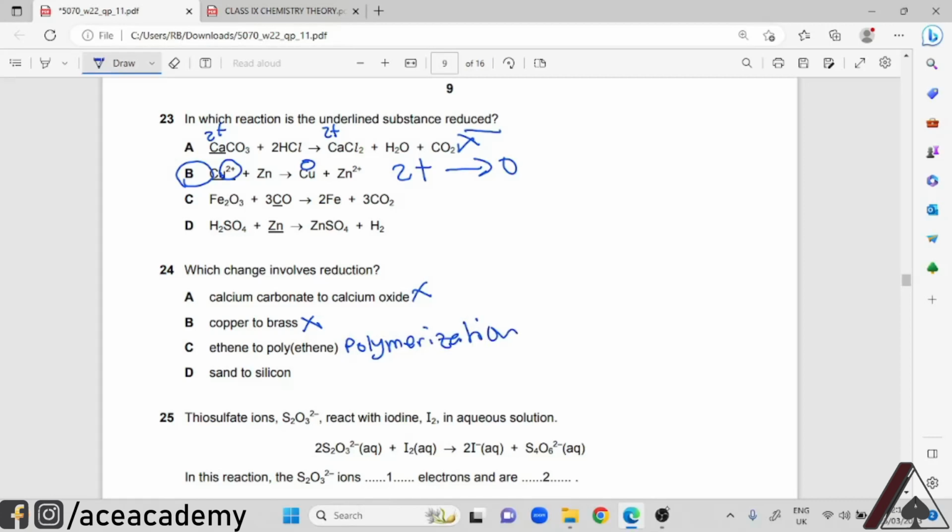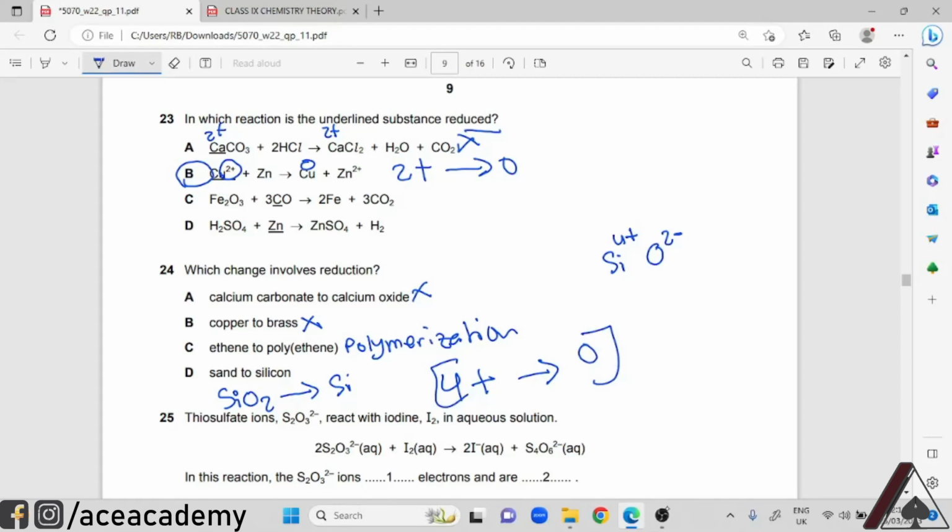As a result, this leaves us with option D, and we know that option D is a redox reaction where sand is reduced, because in here silicon dioxide turns to silicon, and in silicon dioxide, since the charge of oxygen is 2 minus and there are 2 atoms of it, silicon must be 4 plus, and this turns from 4 plus to 0 because we know that silicon is an element with 0 oxidation state.